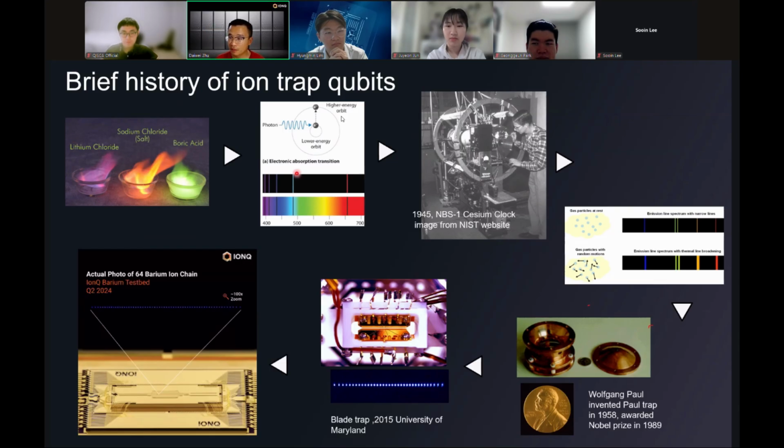This color is really just excitation from energy level, right? From a lower level to a higher level. And this excitation from discrete energy levels gives you spectrum lines that are the color. And the spectrum line literally tells you there is a very stable two-level energy state. You can use that to make a quantum state, right? And once people realized those are very stable energy states, that any oscillation between them can be very stable, the immediate thing you realize is, well, we can use this to make a clock, right?